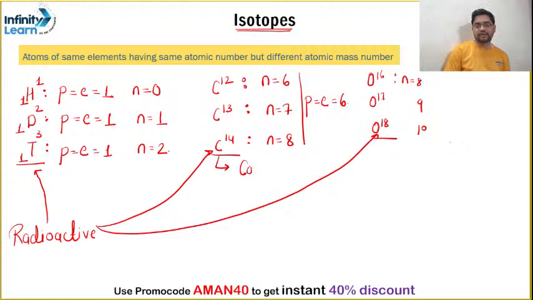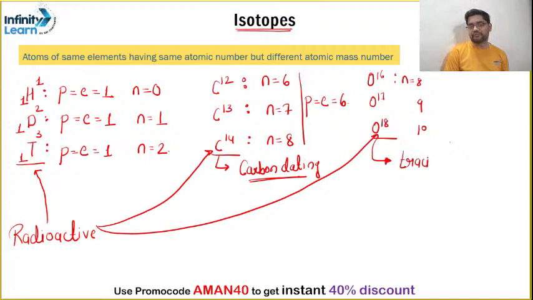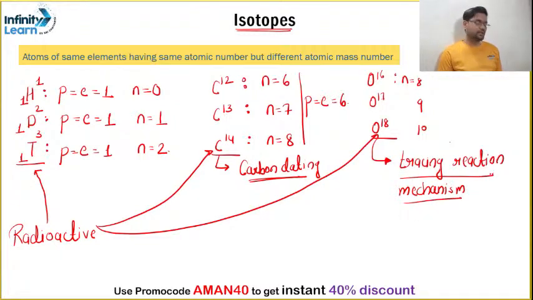C14 is used for carbon dating, whereas O18 is used for tracing the reaction mechanism. Clear? So that is all about isotopes.